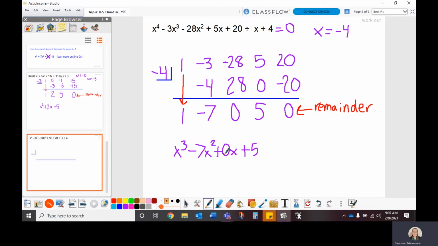All right. Remember, we don't usually write this 0x, so in your final answer, you don't have to write that term. So then your final answer will be x cubed minus 7x squared plus 5.